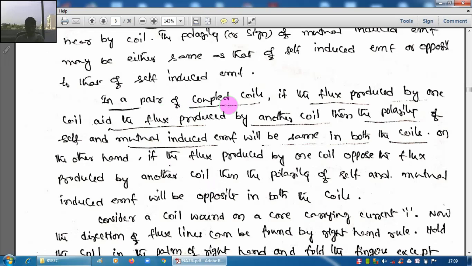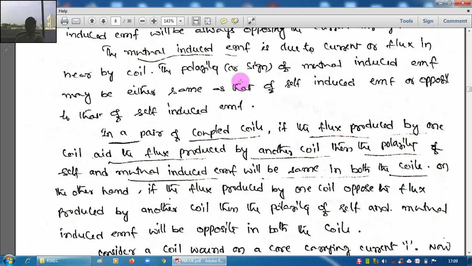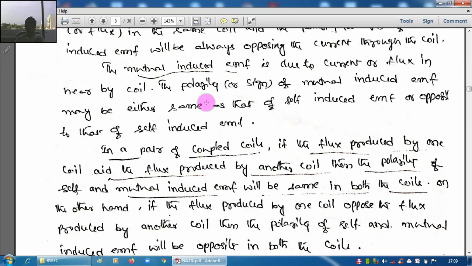See here, in a pair of coupled coils, one EMF is due to self-inductance, the other EMF is due to the mutual inductance. The second EMF, the mutual induced EMF, may be additive or subtractive, or its polarity may be positive or negative.